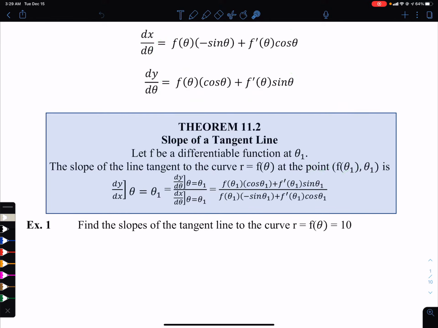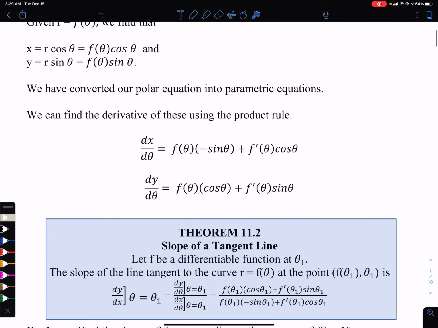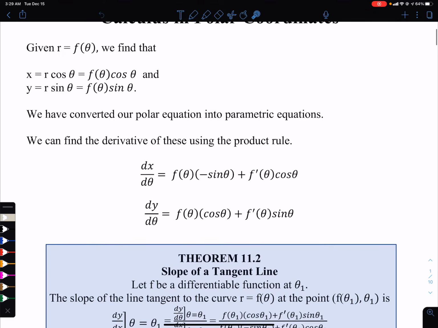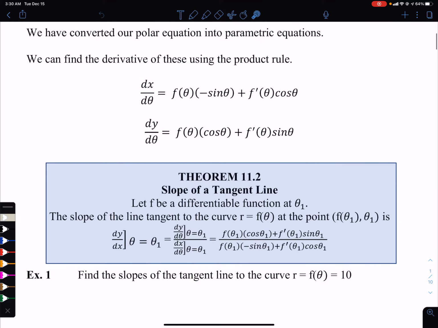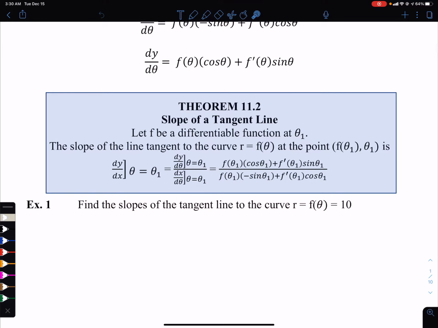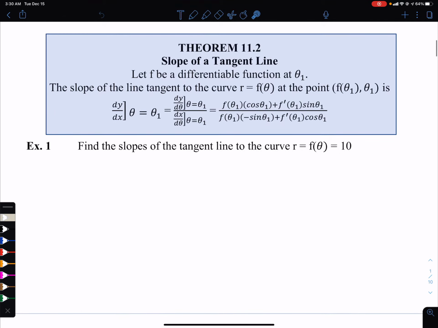So in essence, we are doing the slope of the tangent line for the polar in parametric form, where we can find x and y by doing r cos theta and r sine theta. And so really we haven't done anything new for finding the slope of the tangent line for polar coordinates. It's just parametric that we've converted.